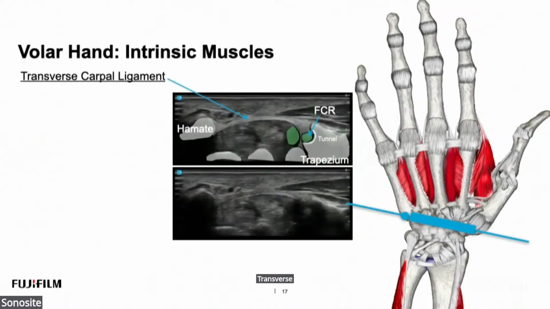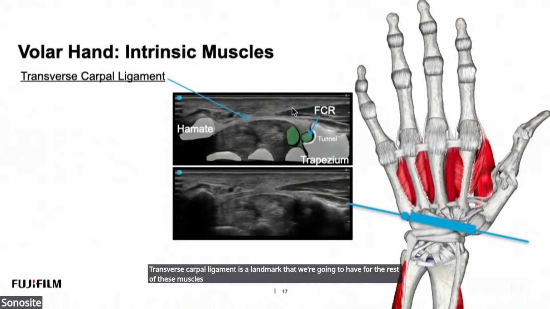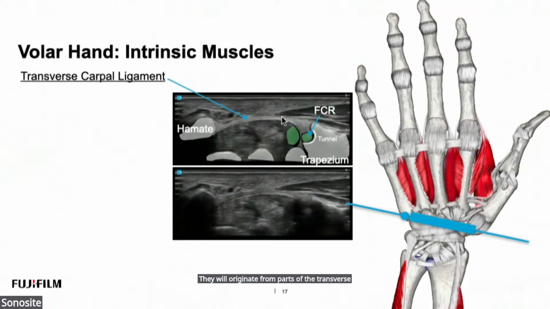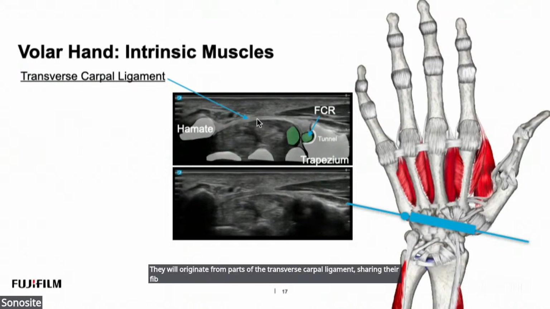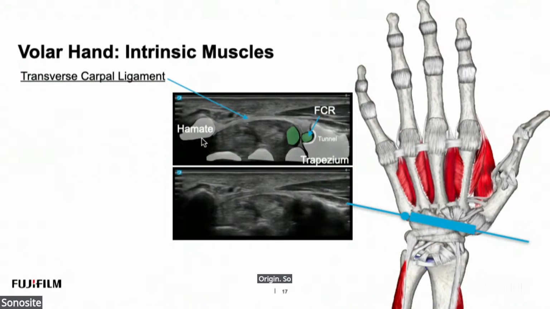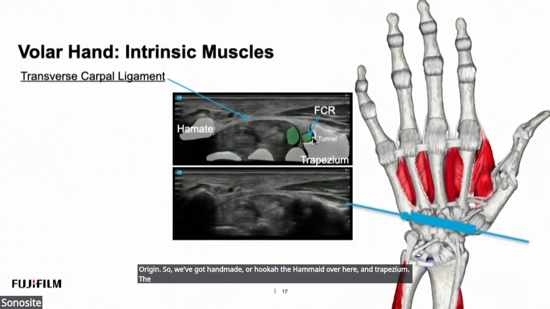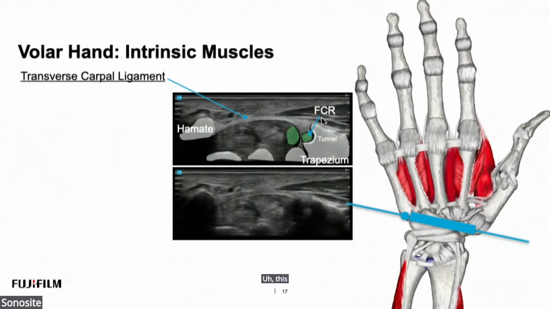Transverse carpal ligament is a landmark that we're going to have for the rest of these muscles also, because many of them, as you can see on the thenar side and the hypothenar, will originate from parts of the transverse carpal ligament sharing their fibrous origin. So we've got hamate or hook of the hamate over here and trapezium. The trapezium has a little tunnel, this groove here that the flexor carpi radialis travels through.